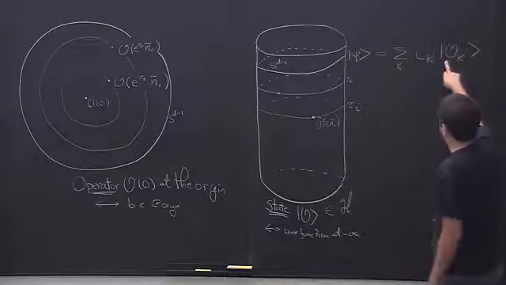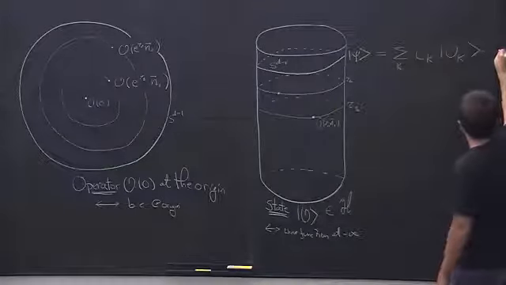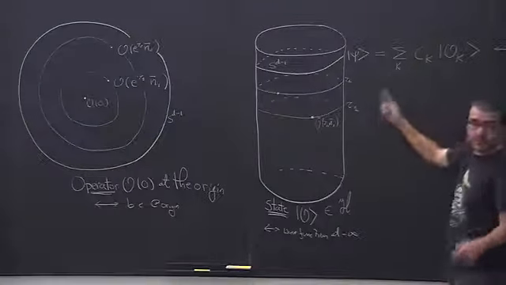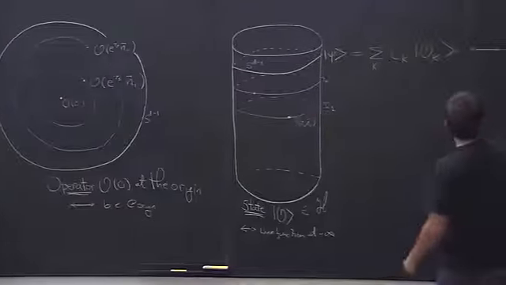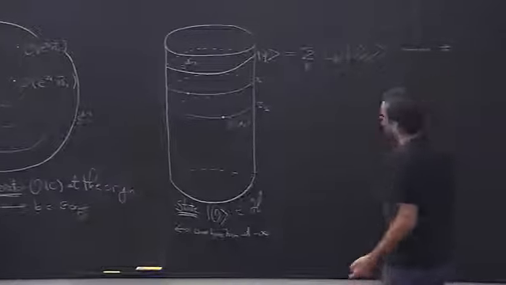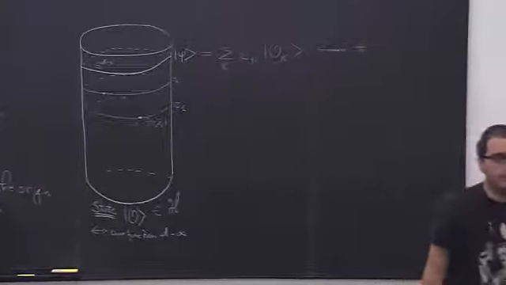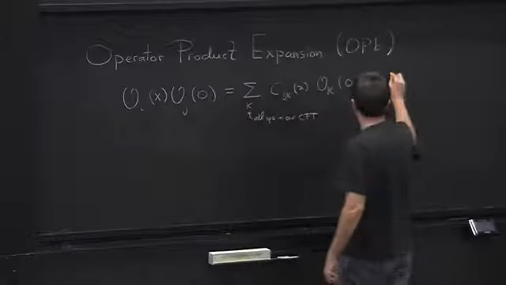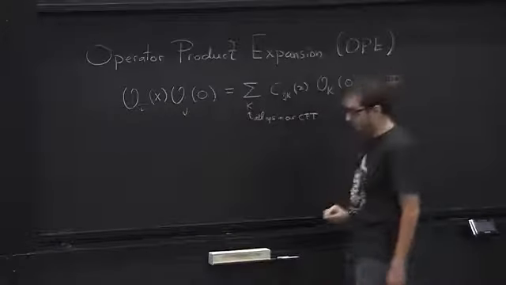And because it's a state in my Hilbert space, this statement in the dual language, the language on the left, is nothing but the statement that I wrote there. So that's it. If you want, this is a proof. It looks so trivial that it almost doesn't look like one, but it is.